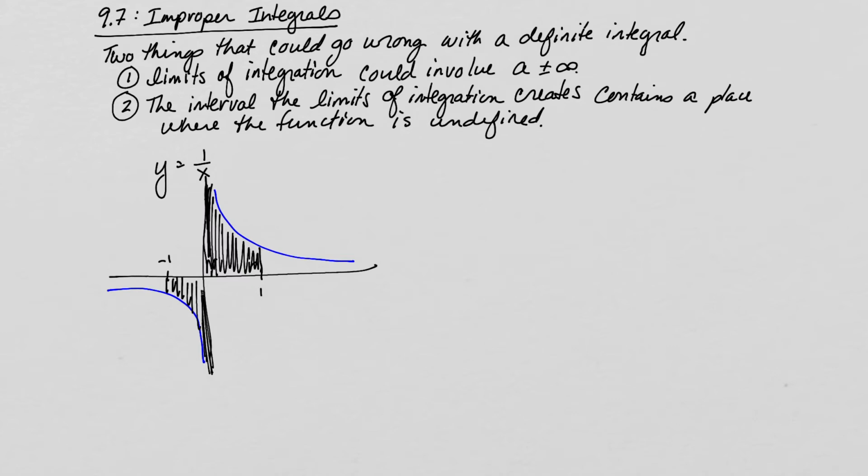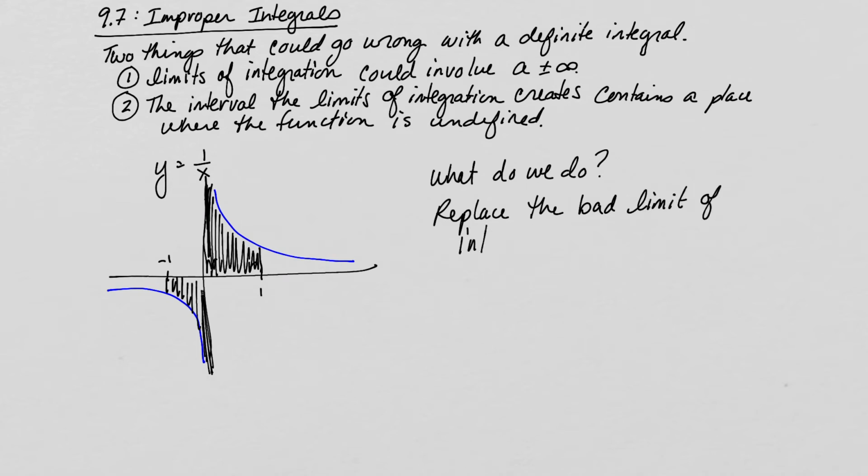What do I do? The answer is you replace the bad limit of integration with a limit. So we're going to replace the bad limit of integration with an actual limit.